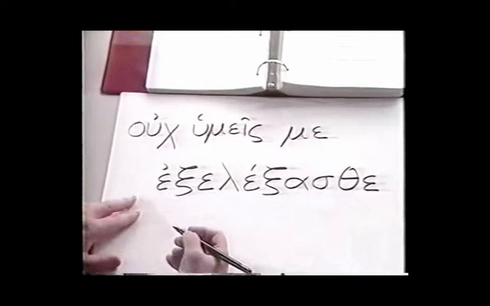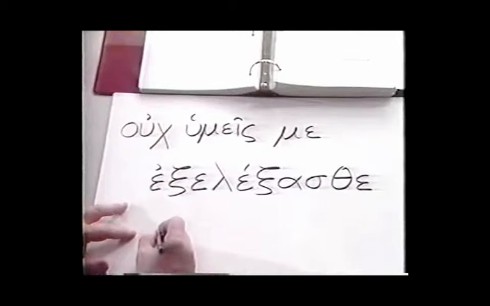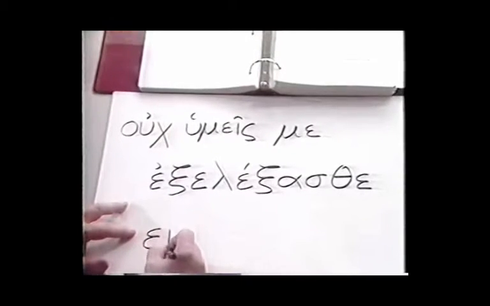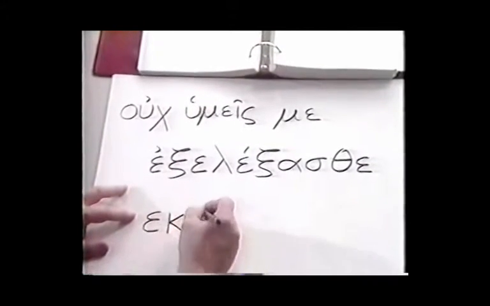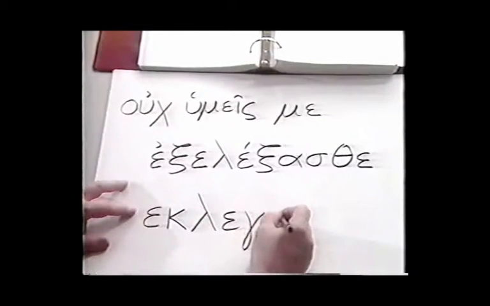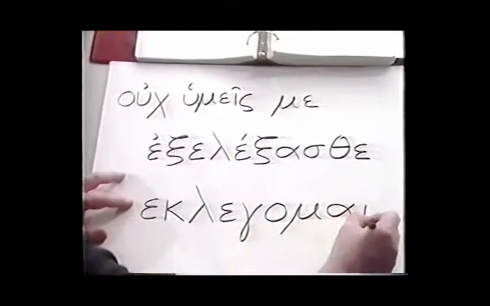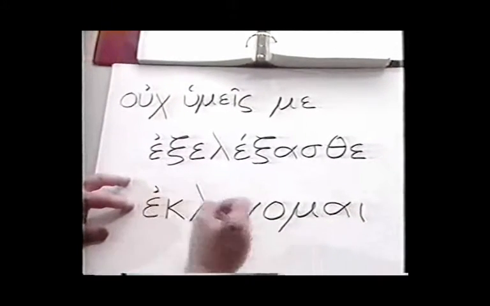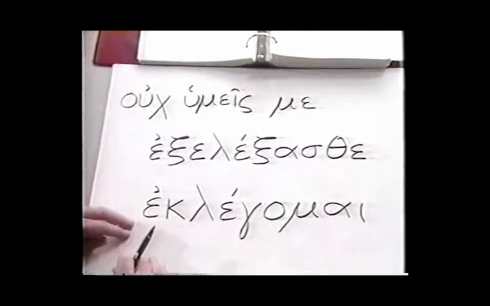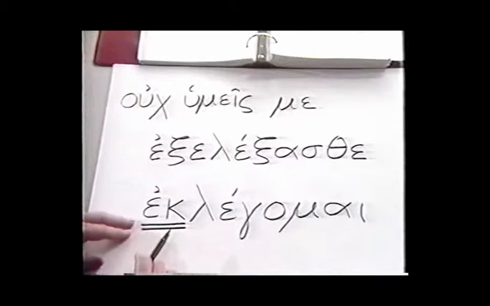Let me help you with this. This word comes from a compound verb, ek legomai. When I say that it's a compound verb, what I mean is that there will be a prepositional prefix attached to the front part of the verb.